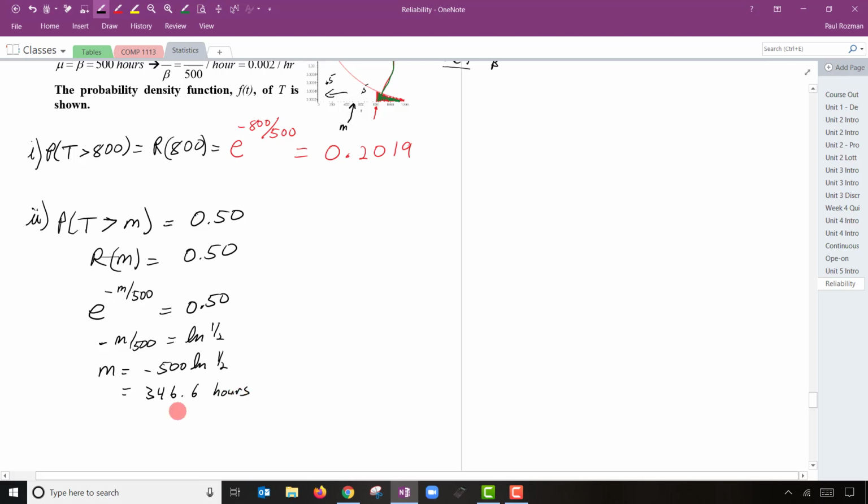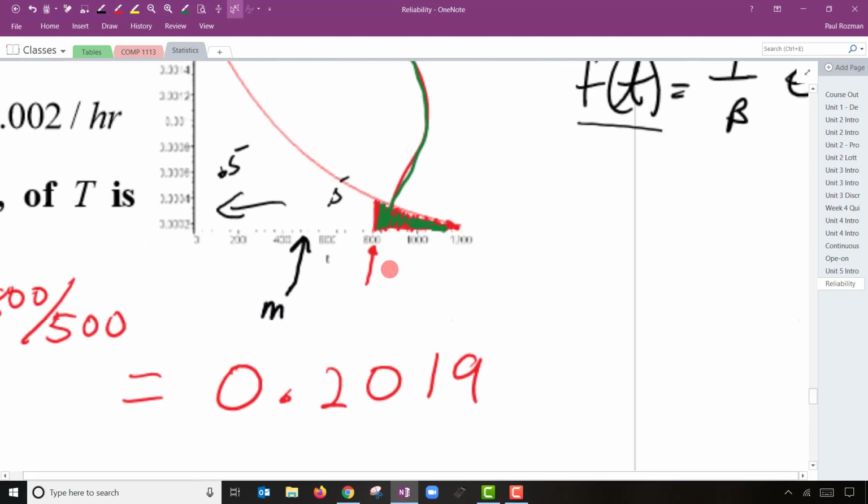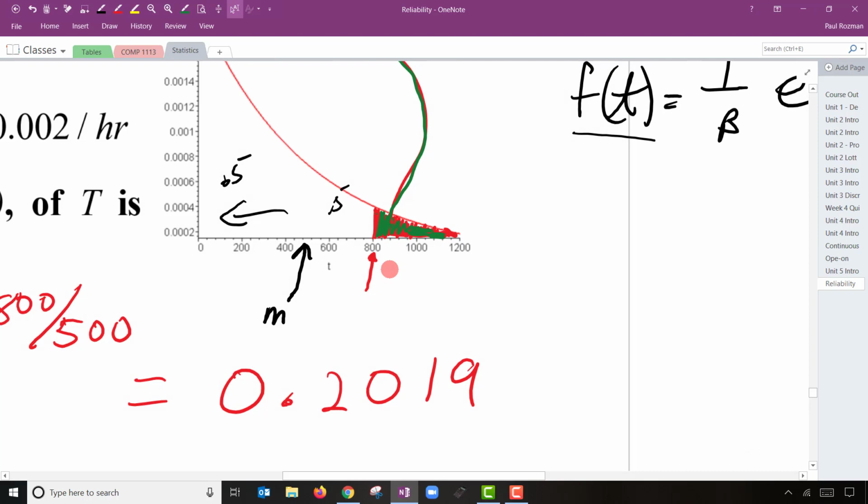Notice that the median is quite a bit smaller than the mean. I didn't draw it very carefully, I was just eyeballing it. The median's around there somewhere, because I want 50% of the area going to the left and 50% of the area going to the right of it.